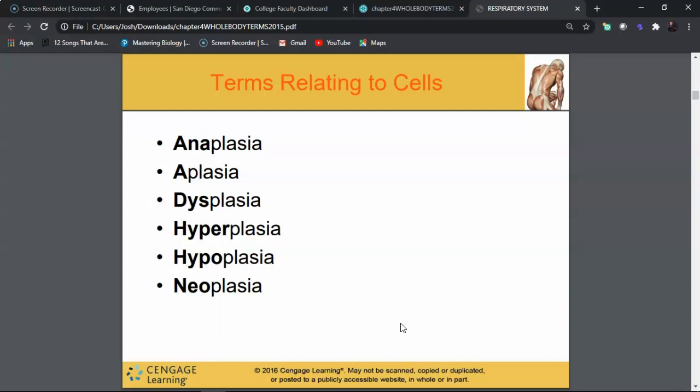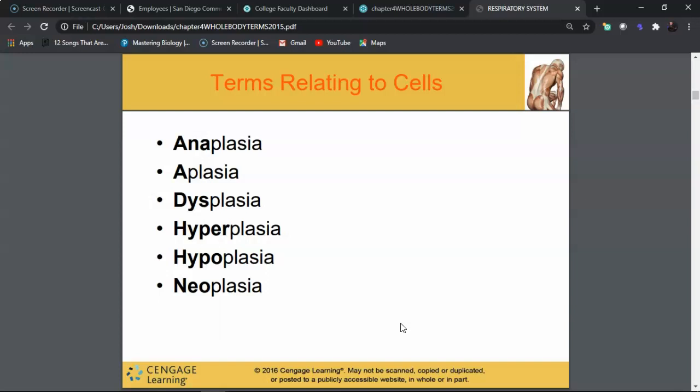So if somebody has a renal aplasia, that would be complete, there'd be a non-formation of that particular organ, okay? So ana kind of refers to a change into a more primitive form, to where aplasia indicates a complete lack of, okay?